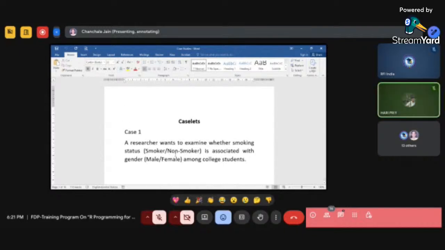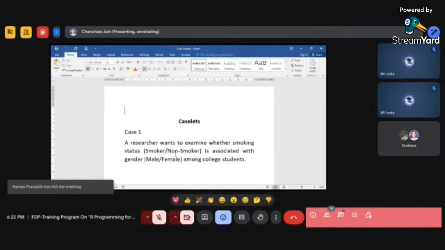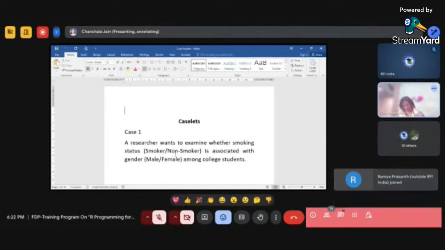Yes, ma'am. Visible. Fine. I'm requesting you to please go through the situation and then tell me what you are understanding with this, and if you are understanding, which statistical test we can perform on it. Anyone? If you wish, you can write.